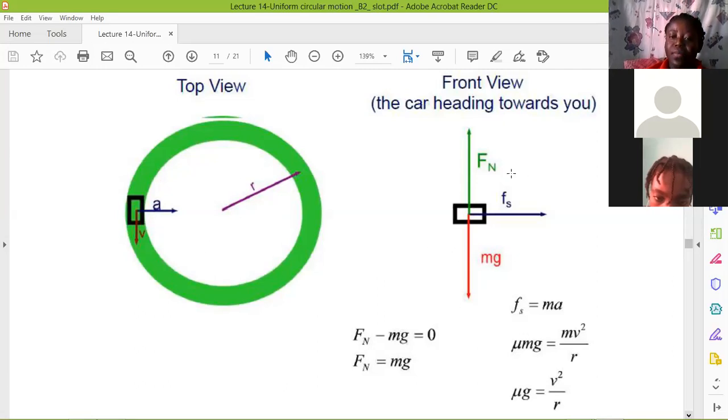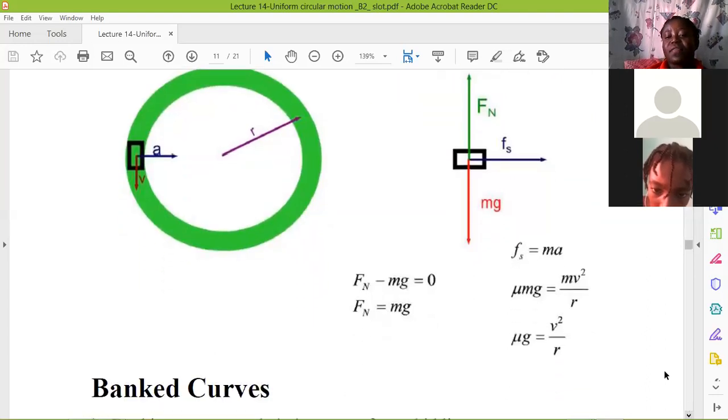So if we sum up the forces on the horizontal surface, for a car moving along that direction, you only have the friction force. Let's forget about the normal force for now. On the horizontal surface, we only have the frictional force, which equals the mass times the acceleration.